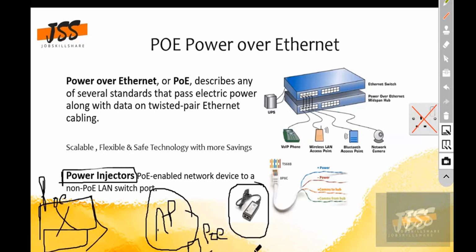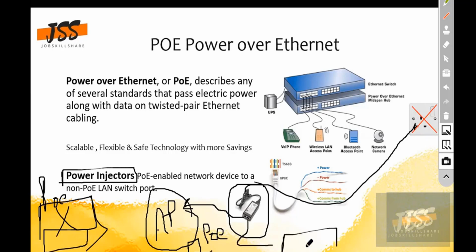In that case, you will buy something like that. This thing will go into the AC adapter, and one of the cables, which is PoE, will be connected with the access point, and this will go into the switch, which is not PoE capable. So this will be a normal Ethernet port. So this is how we're going to give this access point power using this power injector.